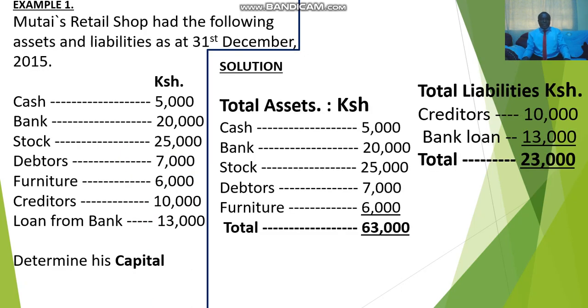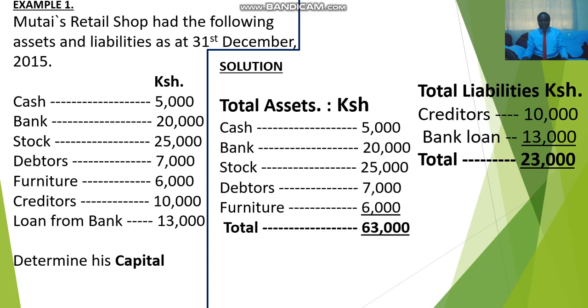We can illustrate this using example 1, where it reads: Mutai's shop had the following assets and liabilities as at 31st December 2015. He had cash 5,000, cash at bank 20,000, stock 25,000, debtors 7,000, furniture 6,000, creditors 10,000, loan from bank 13,000. Determine his capital.